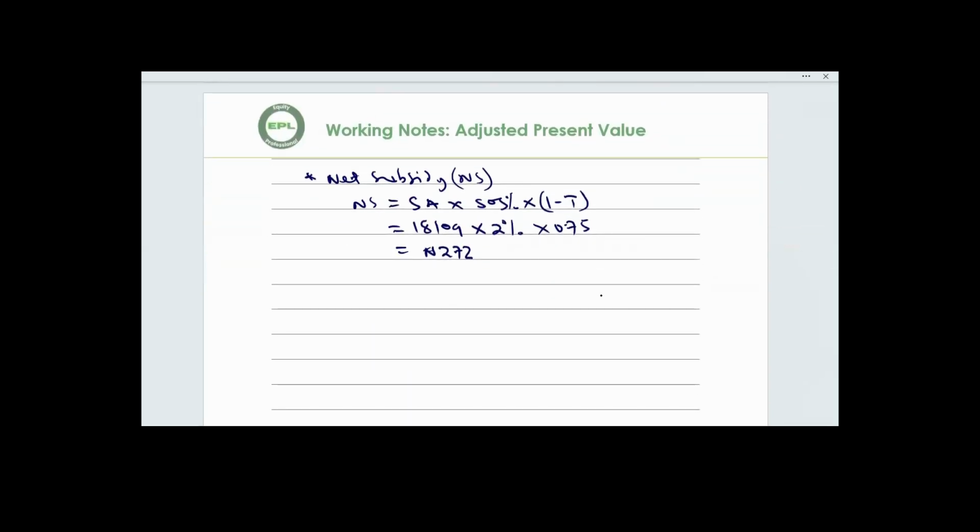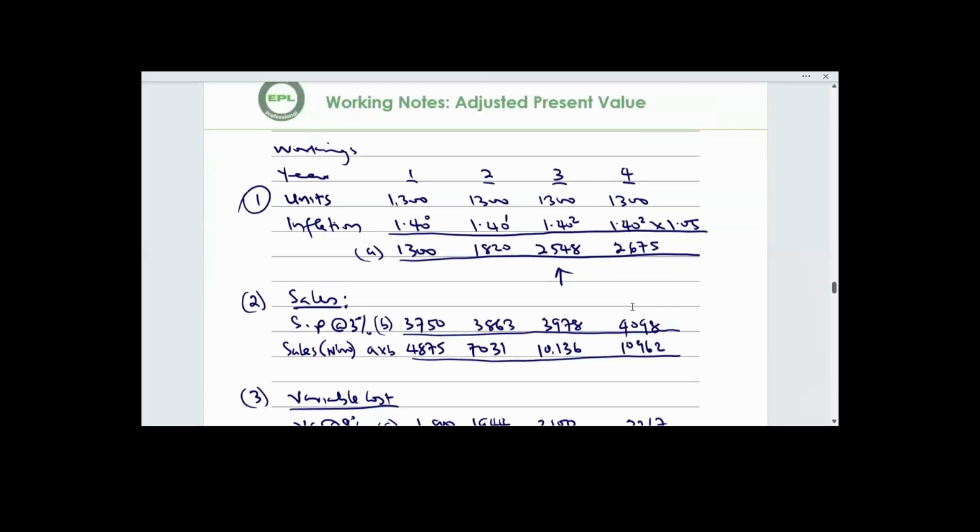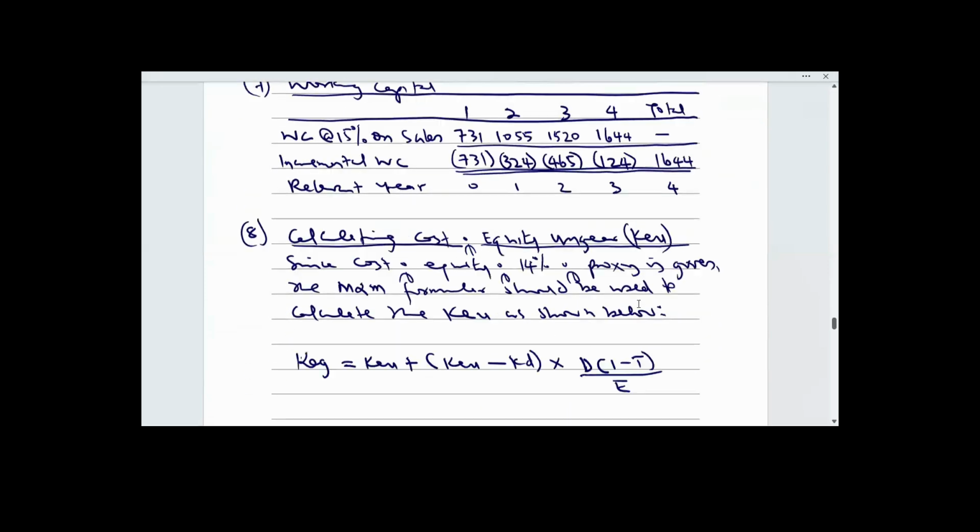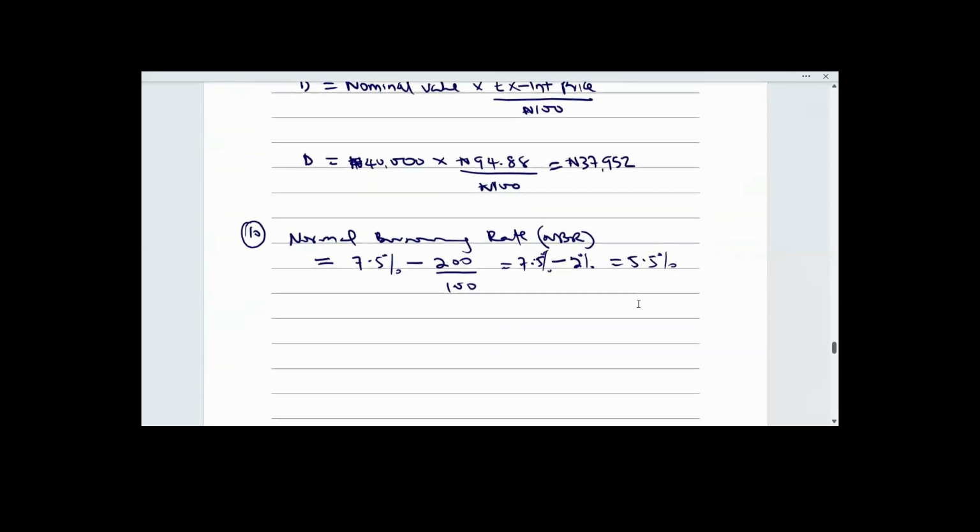After the net subsidy, the next thing we need to do is to calculate the PV of net subsidy. PV will be equal to net subsidy multiplied by annuity factor. Net subsidy is 272. So let's calculate the annuity factor at 7.5%.